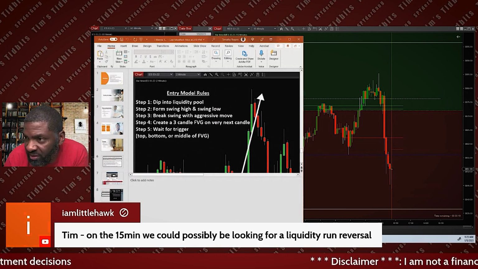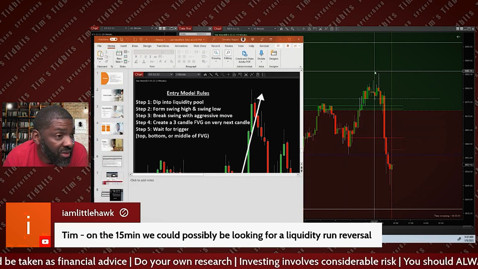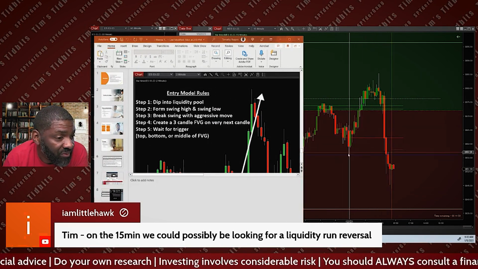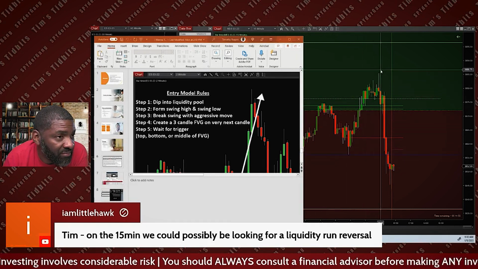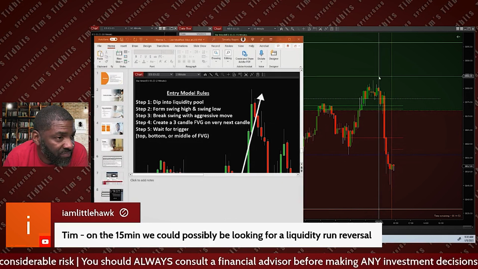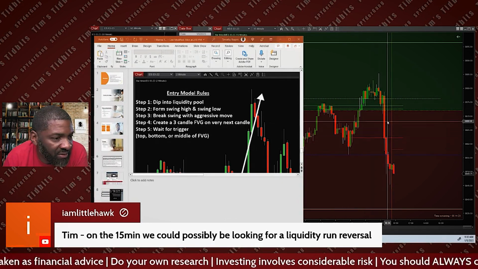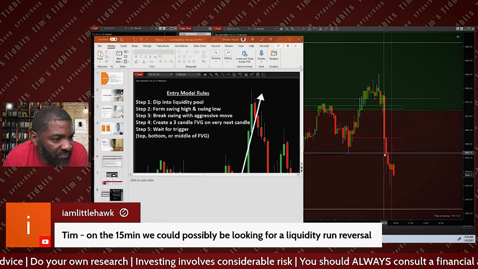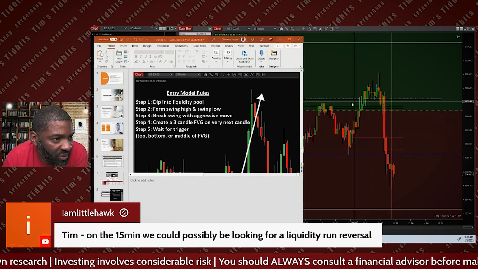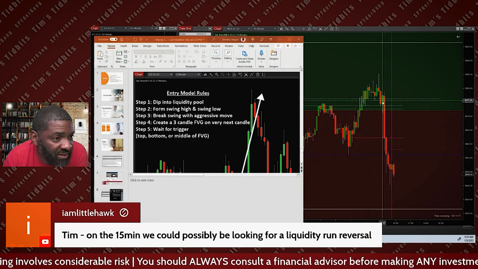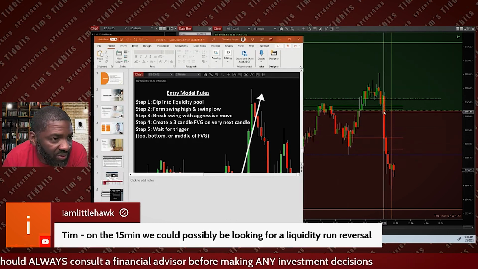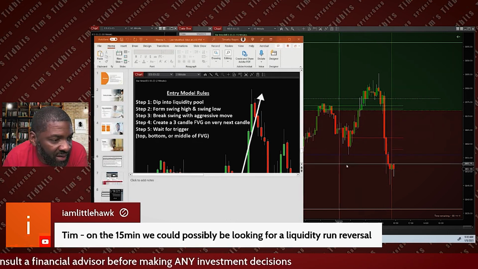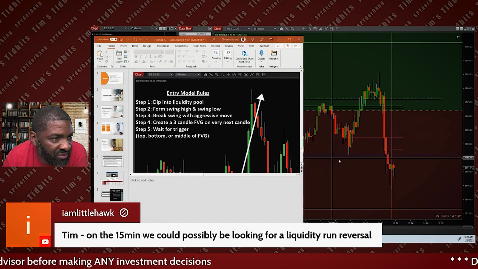Let me see if y'all can see that. Yes, you can. On this one here, right? You went up there, took out the buy side, but coming down here, on the 15-minute for these here, once we pushing down this huge candle here, I would need this to come down and break the structure there.